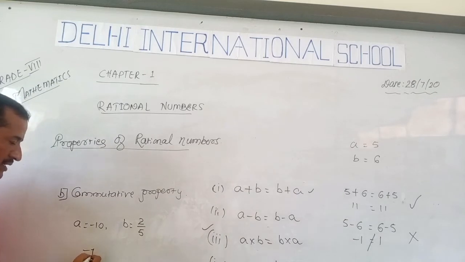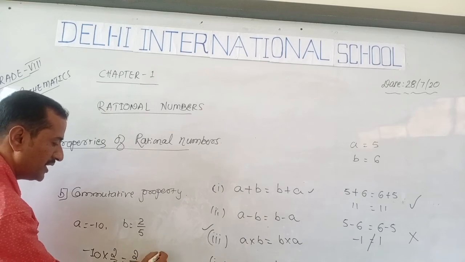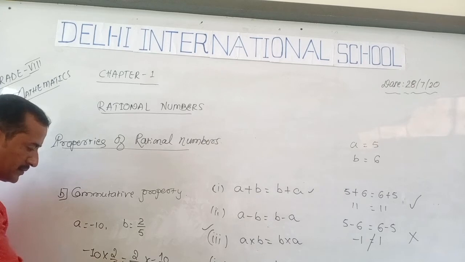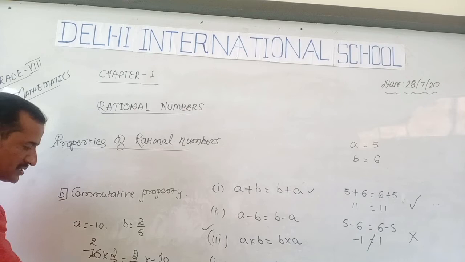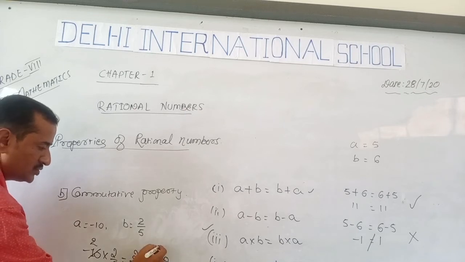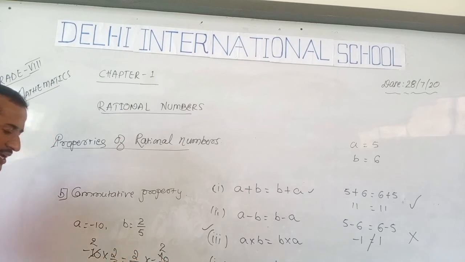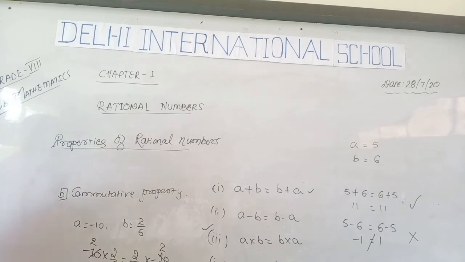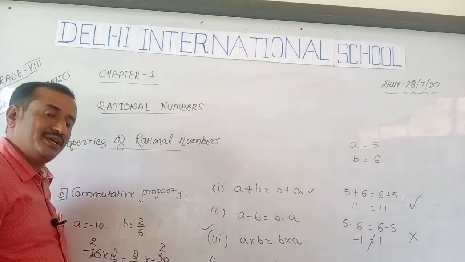That is, minus 10 into 2 by 5 is equal to 2 by 5 into minus 10. 5 divides 10 2 times, 2 into 2 is minus 4. Similarly, 5 divides 10 2 times, 2 into 2 is 4. Since plus into minus, it is minus 4. Hence, it is commutative under multiplication also.